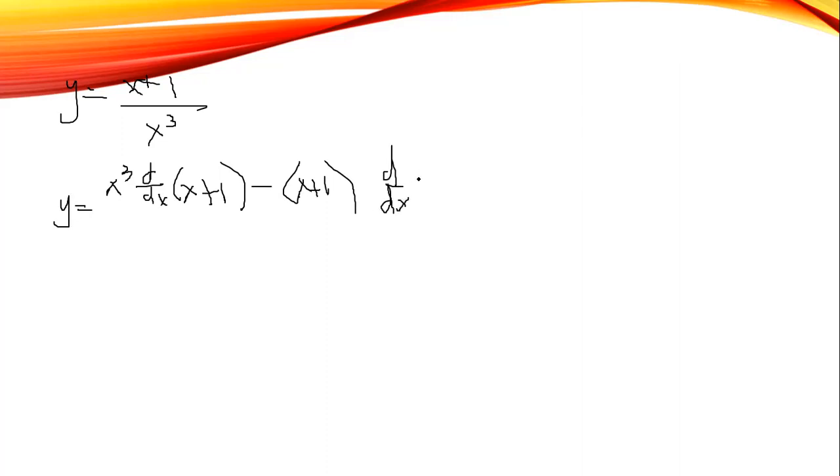So to solve for its derivative, we have y equals low d-high. What is at the bottom? Let's copy it, x cube multiplied by the derivative of the one on top, x plus 1, minus high d-low. So our high is x plus 1. D means derivative, high d-low. Our low is the one at the bottom, x cube. All over, just square the one at the bottom. So, x cube squared.